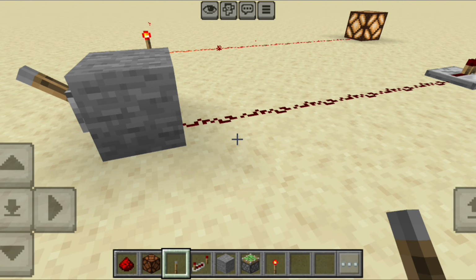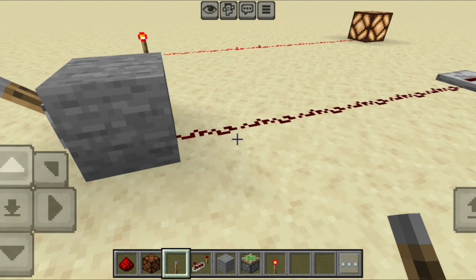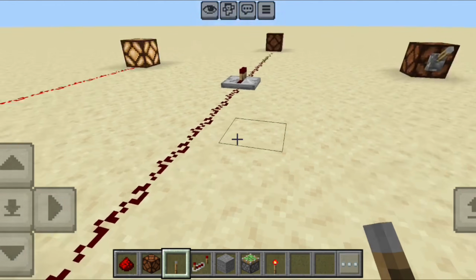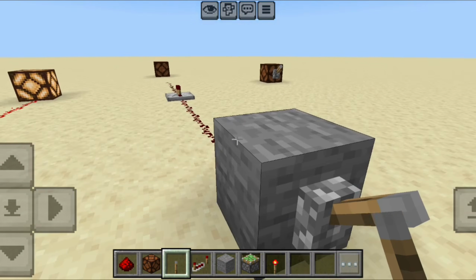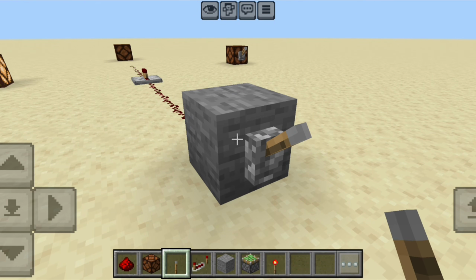You use these components in every build that you already built while playing Minecraft.